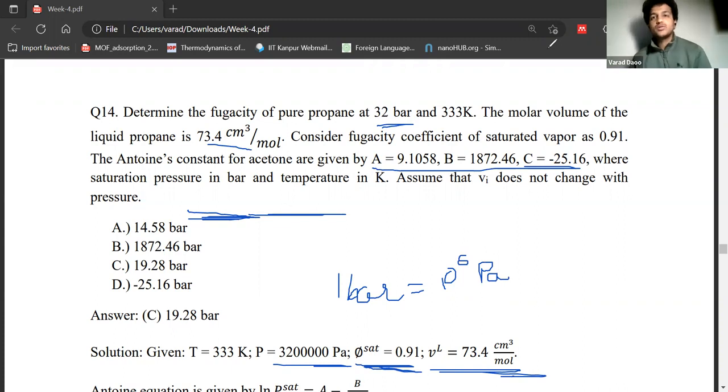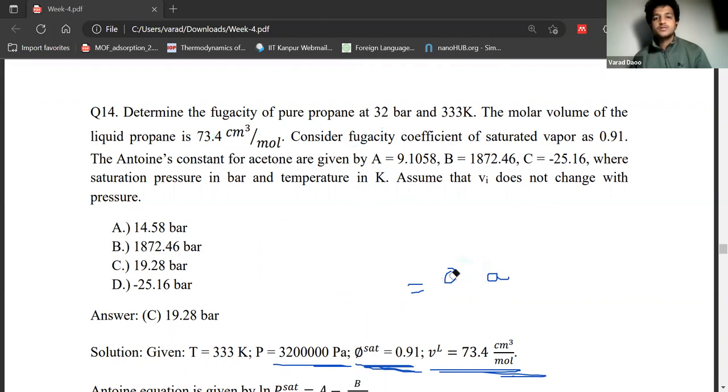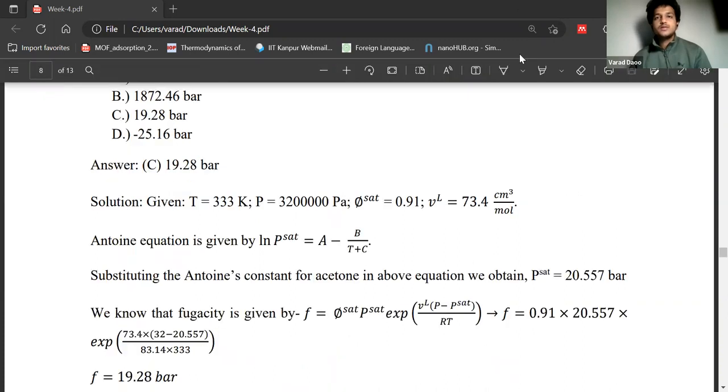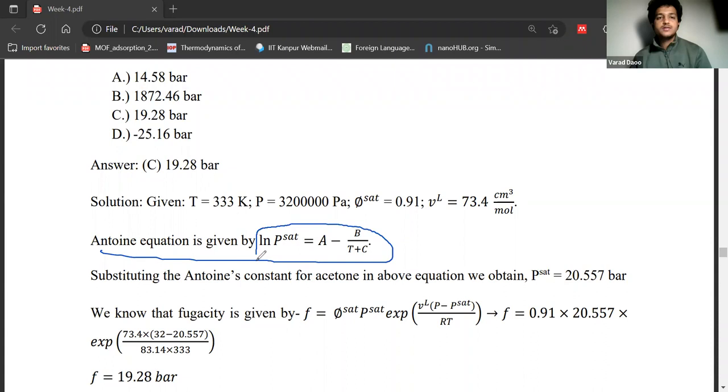So with the help of the Antoine constants and the Antoine expression, what we will do is, let me first clear this out. We are given the Antoine equation as this. We are substituting the Antoine constants for propane, not acetone.